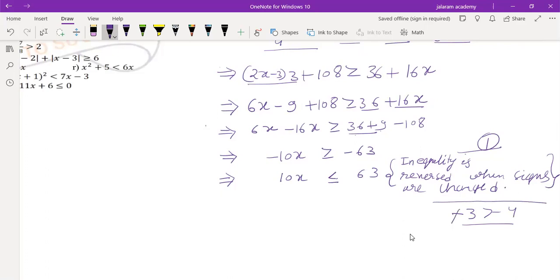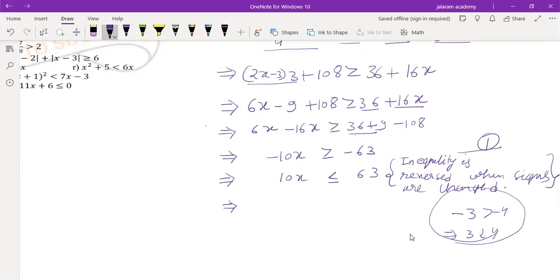Yes, sir. If we remove the minus sign, is it correct now? No, sir. Now it becomes 3 less than 4. Is that clear to you? So when we multiply both sides by minus 1, 3 is less than 4. Means inequality is reversed when signs are changed.